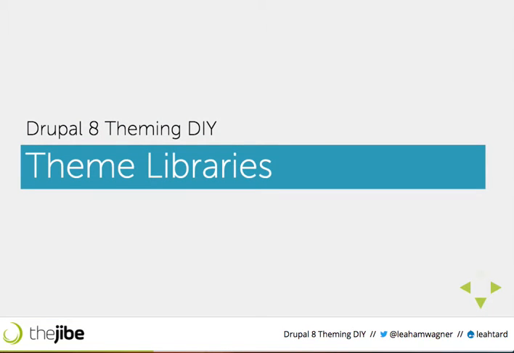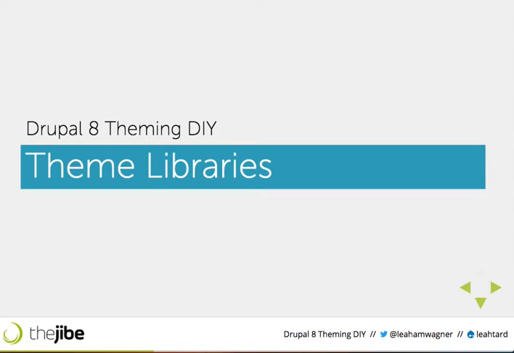So what are theme libraries? They are conceptually similar to what we saw in Drupal 7 with the libraries module that let us bring in external libraries, store them in a nice little package, and that would let modules use them elsewhere.